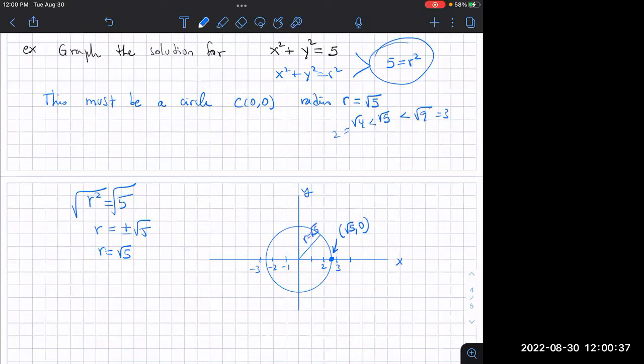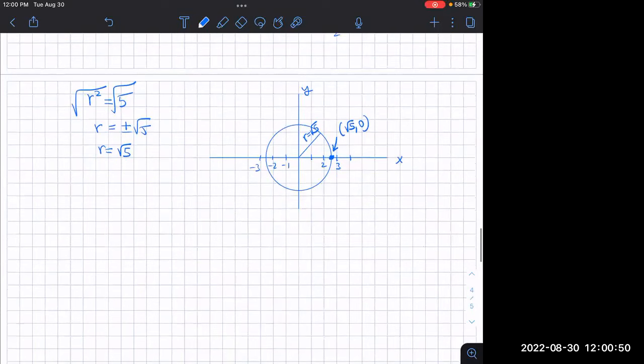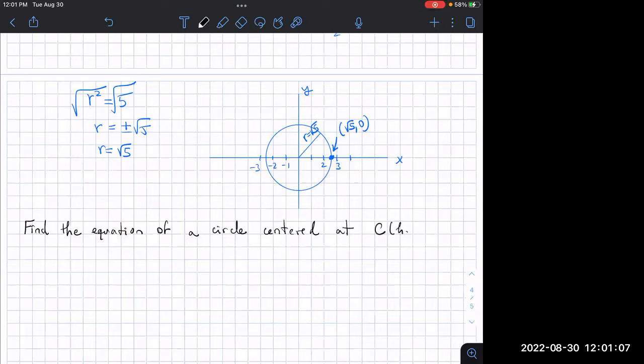Okay, now what if the center of the circle is not the origin? Find the equation of a circle centered at h, k.